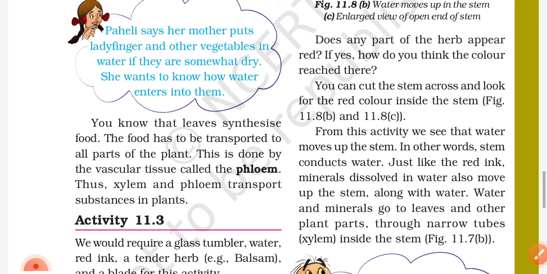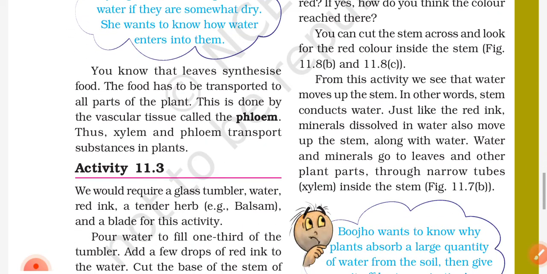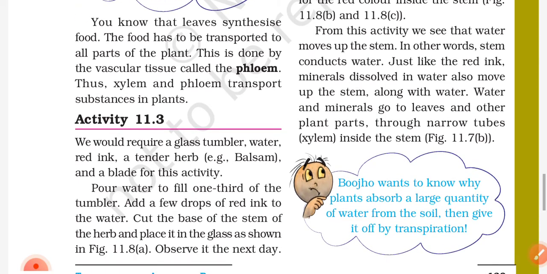She wants to know how water enters into them. You know that leaves synthesize food. The food has to be transported to all parts of plant. This is done by the vascular tissues called the phloem. Thus, the xylem and phloem transport substance in plant.